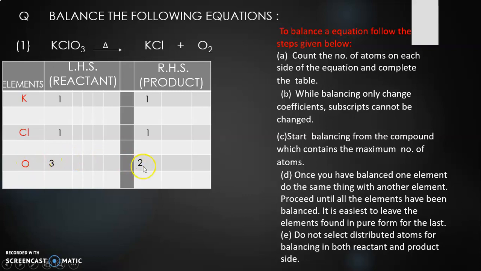That oxygen is the unbalanced part. Now looking at the numbers 3 and 2, what does it tell you? Right. They do not come in each other's table.